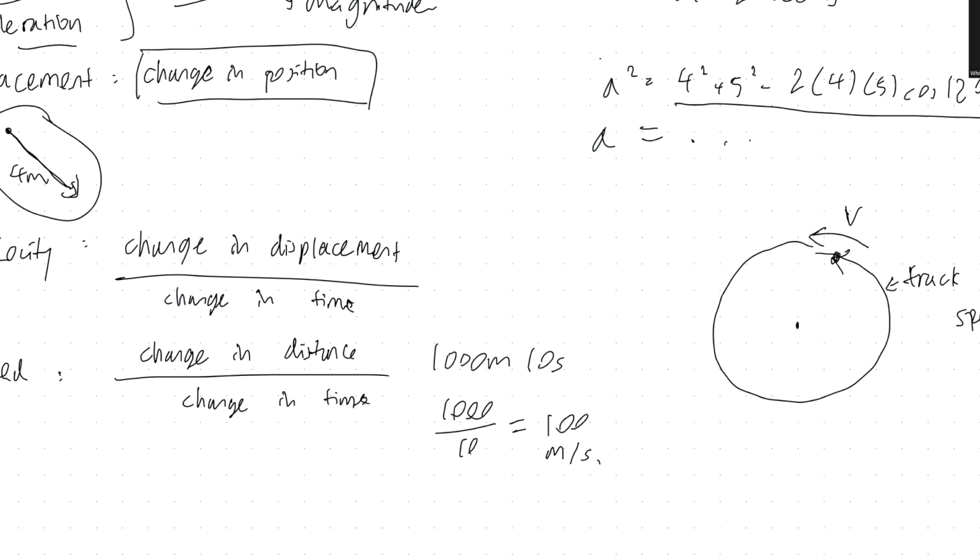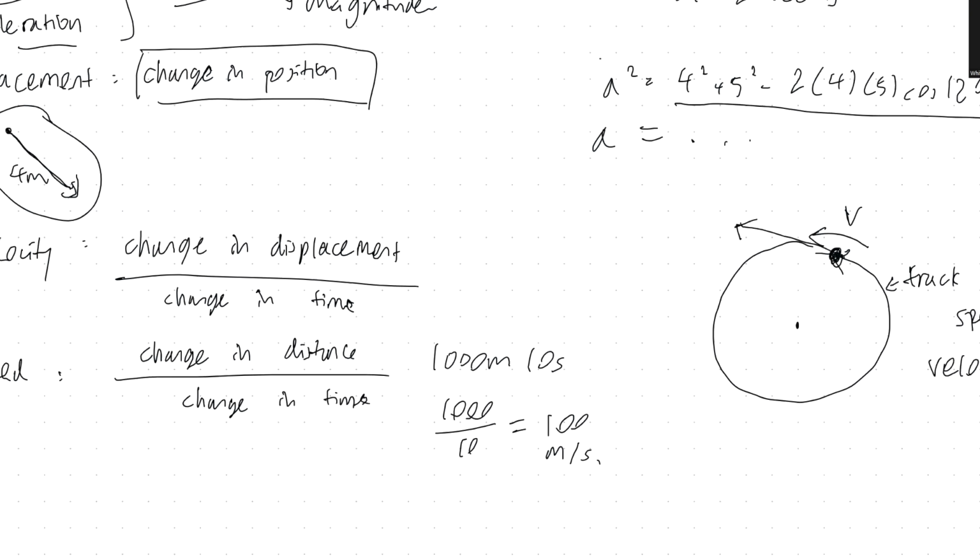However, velocity is actually different. It's not just about the magnitude, but about the direction in which the speed points. Let's say at this point, if the boy is running anti-clockwise, then the velocity when the boy is at this point will be pointing in this direction.